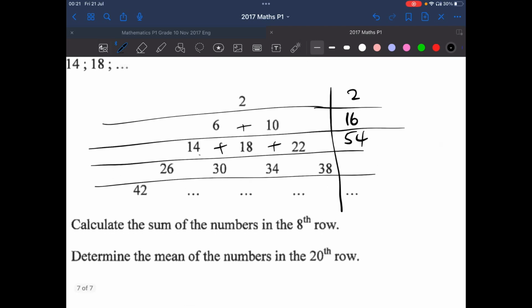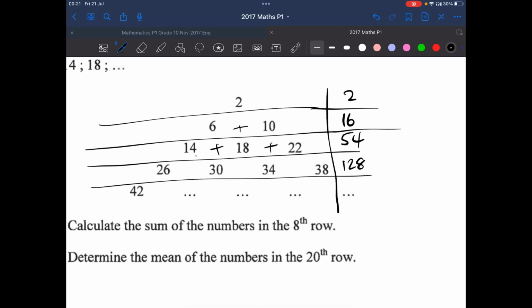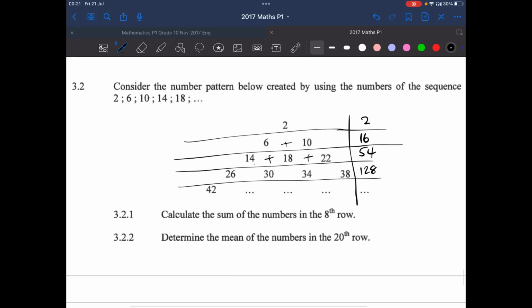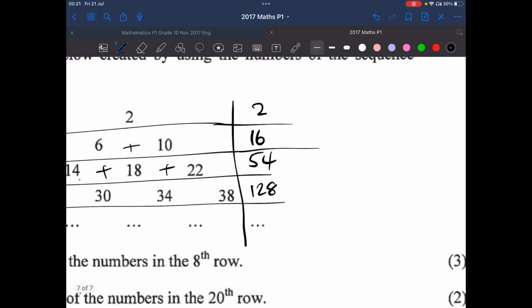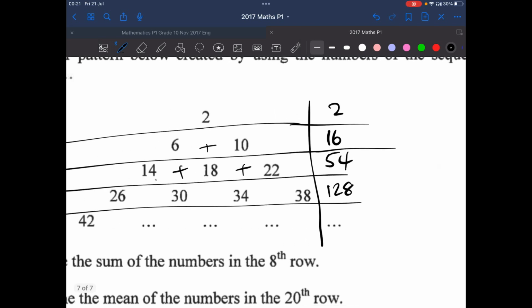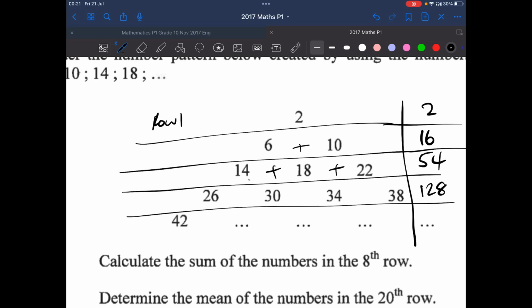And then 26 plus 30 plus 34 plus 38 gives us 128. Now here is something that you can notice from here. If we look at the first, let's call this row 1, so row 1, 2, 3, 4.